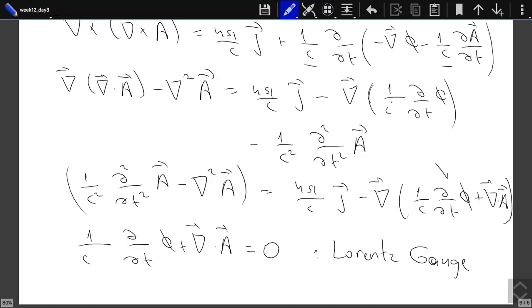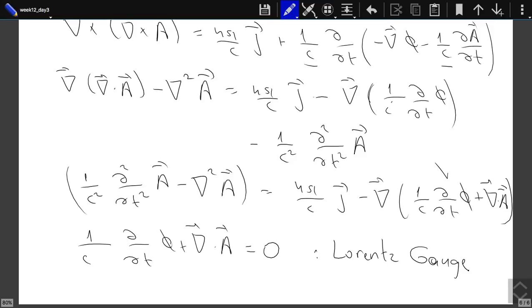You can prefer to work in the Coulomb gauge, no problem. Or you can prefer to work in the Lorentz gauge. In the Coulomb gauge, the nice thing is that the potential is trivial to find. It's just the instantaneous potential. We already know the solution. But in the Lorentz gauge, everything propagates at the speed of light.